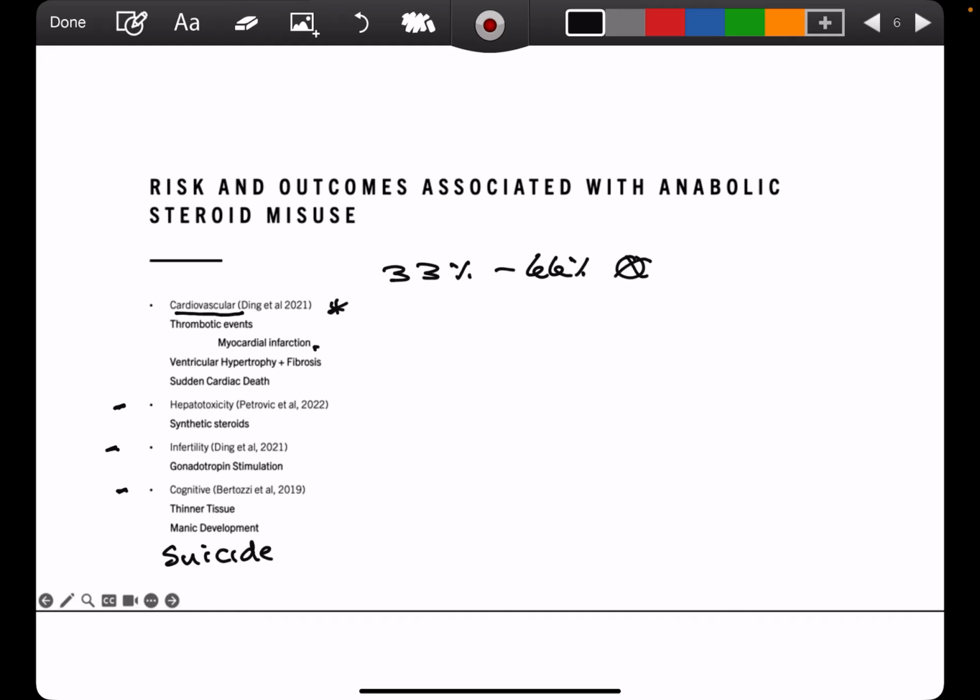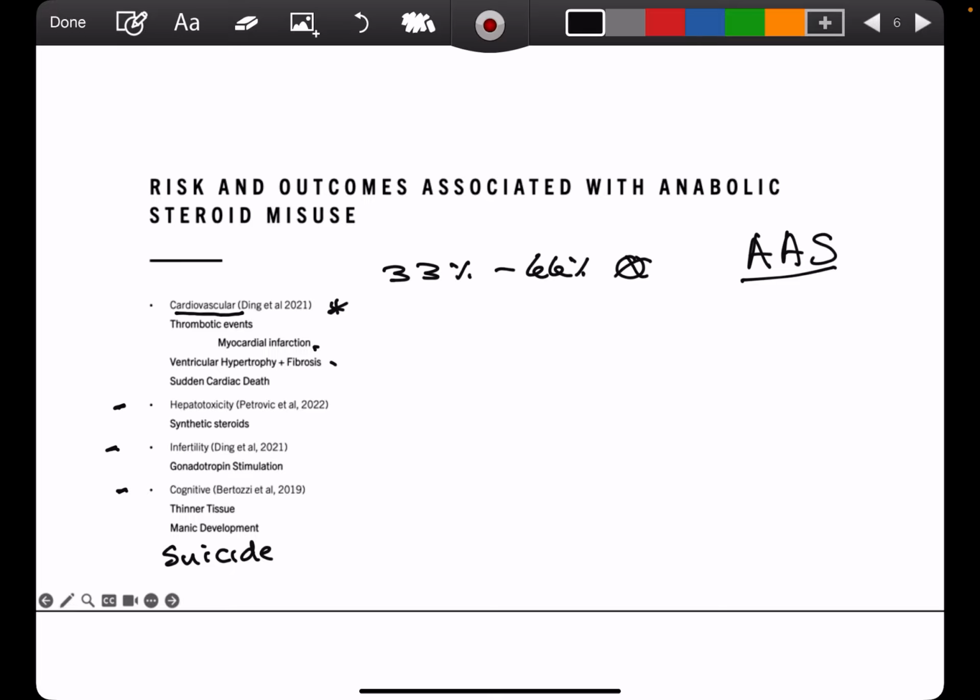We're looking here at thrombotic events, myocardial infarctions, ventricular hypertrophy with fibrosis, and this would have been, I'm going to say AAS for anabolic androgenic steroids. That's the synthetic steroid name.